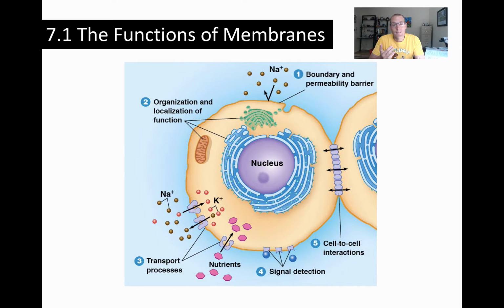So there's cell-to-cell contact in tissue formation and development, holding cells together into tissues to form functional structures, and also those cell-cell contacts made by the membrane and by proteins in the membrane are important in communication, and so cells can communicate directly via the contacts that they make across their membrane.